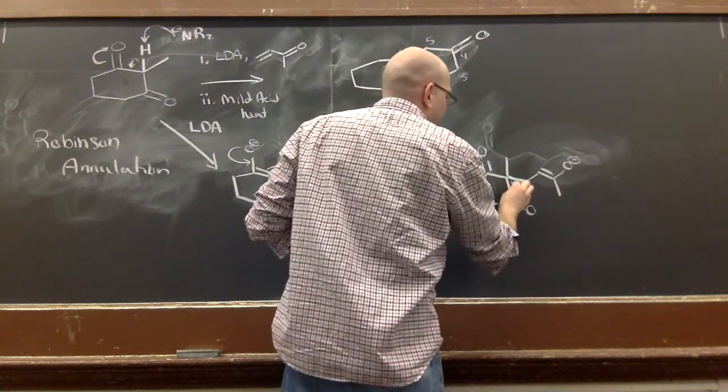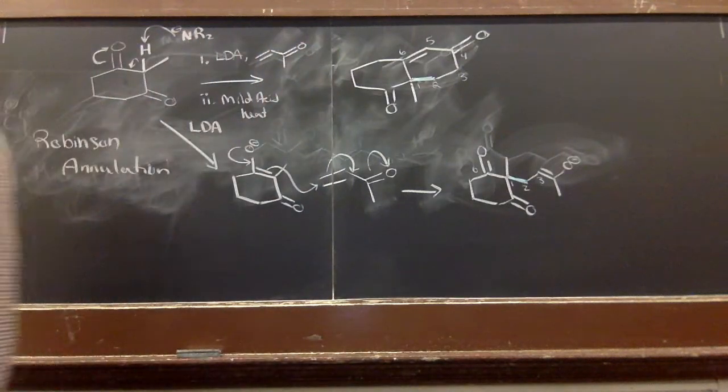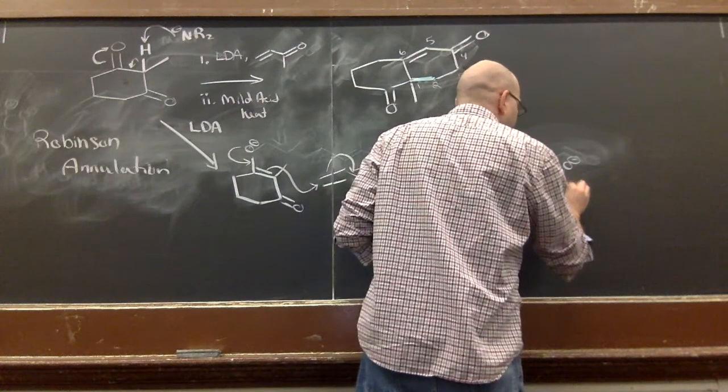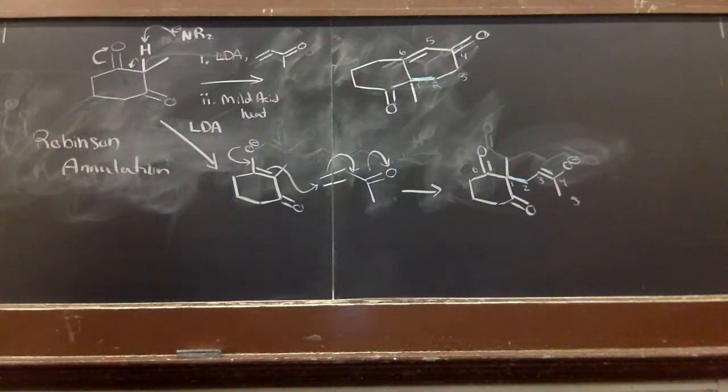But here, 1, 2, 3, that would be only a 4-membered ring. Where's the 6th? Yeah, it's on the other side. So you're right that an enolate has to do a 1,4 addition, but it's not that enolate. What's the enolate that we want? The other enolate.